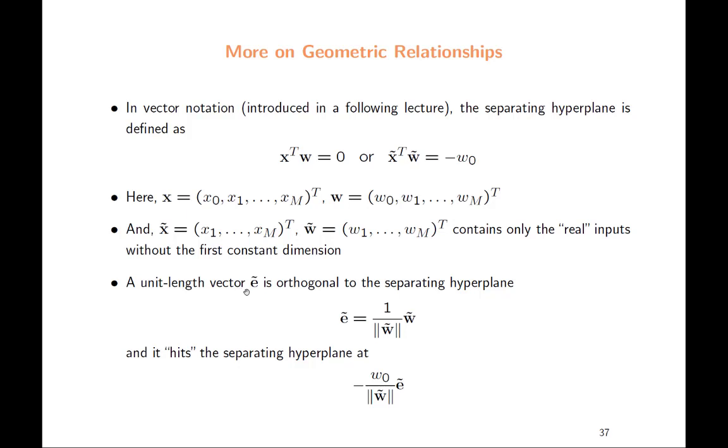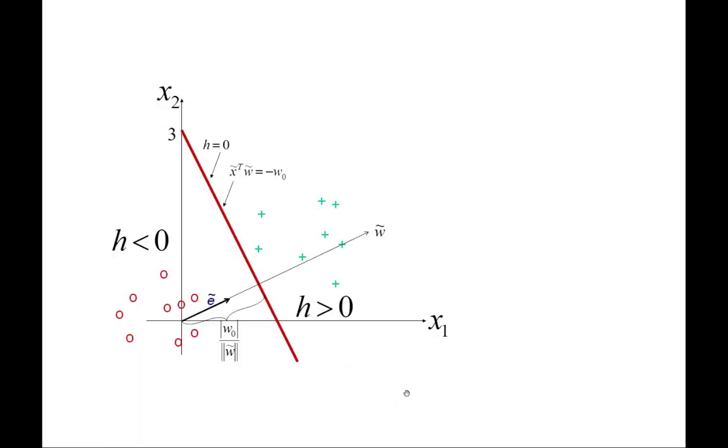Then we can define this unit vector, which goes in the direction of the w, but normalized to length 1. And we see where this w tilde vector, the unit vector, hits the separating hyperplane at this point, minus w naught divided by the length of w tilde times e tilde.